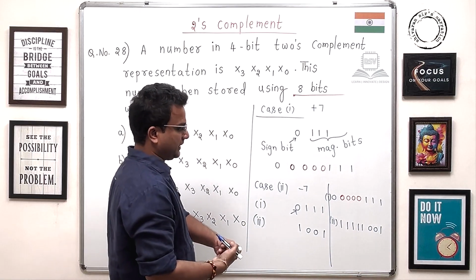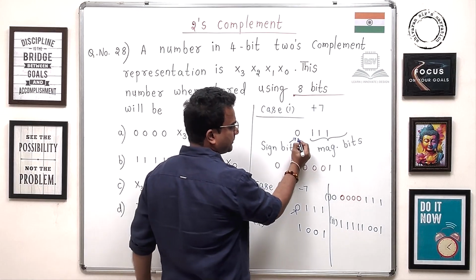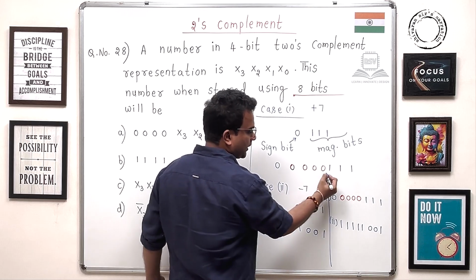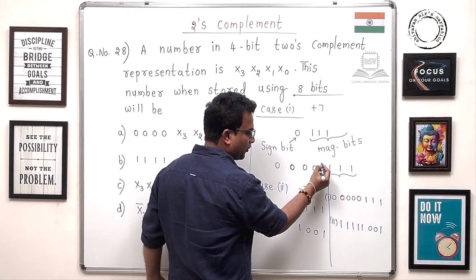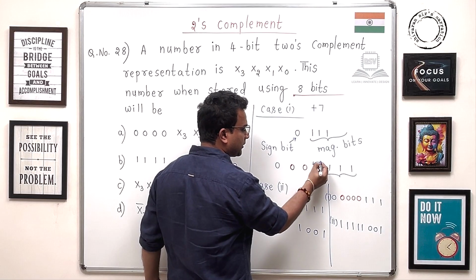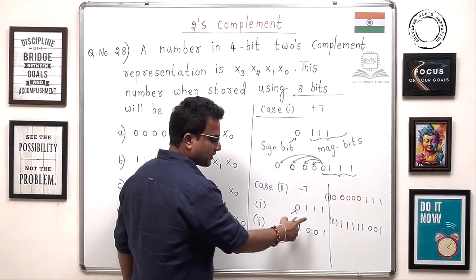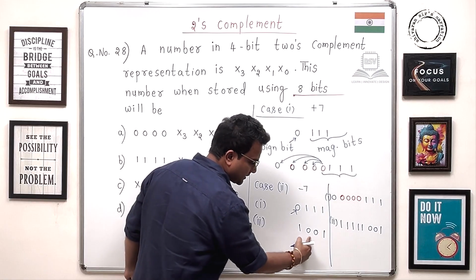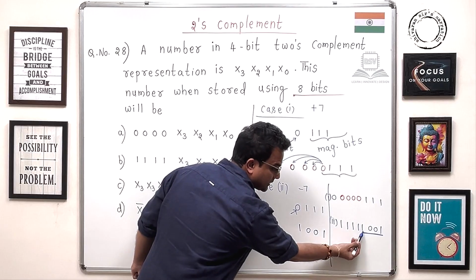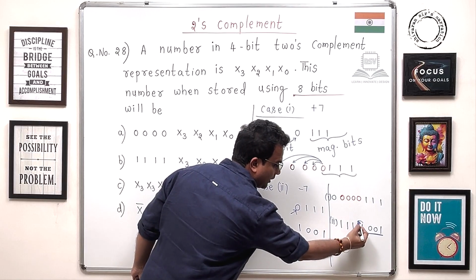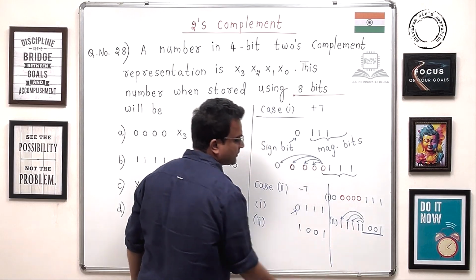And you see here, guys, that is 0111, right? Here also 0111, and the MSB is only copied here. Whereas here the number is 1001, here also 1001, and the MSB is copied here.